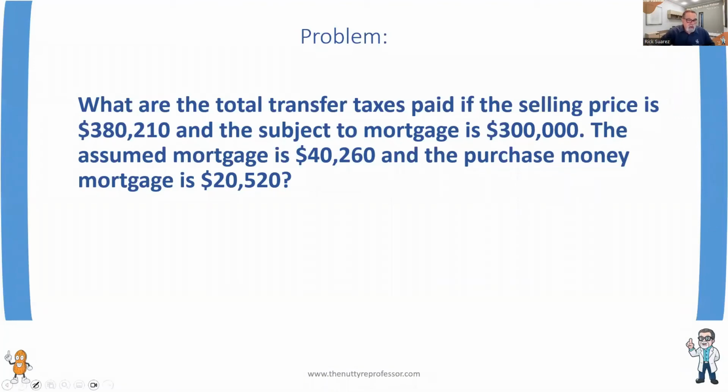All right, so this math problem is a little bit long, but it's a great exercise. It says, what are the total transfer taxes paid if the selling price is 380,210 and the subject to mortgage is 300,000? The assumed mortgage is 40,260 and the purchase money mortgage is 20,520. So let's go with the first one.